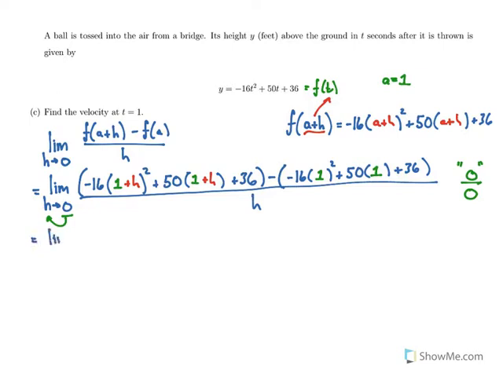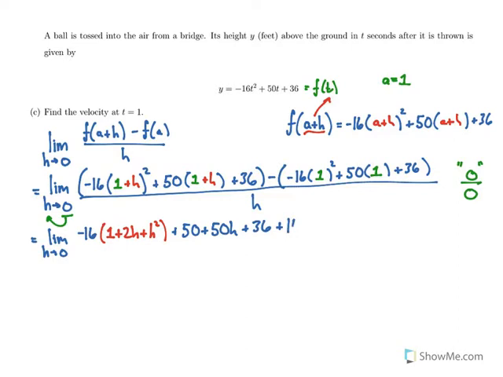Each step of the way, I am writing the limit as h approaches 0. And here we're going to do some simplifications. We have negative 16 times 1 plus h squared, which is 1 plus 2h plus h squared. Here we have 50 plus 50h plus 36.